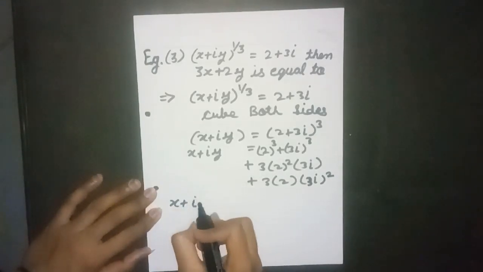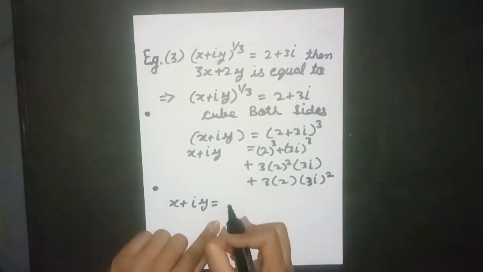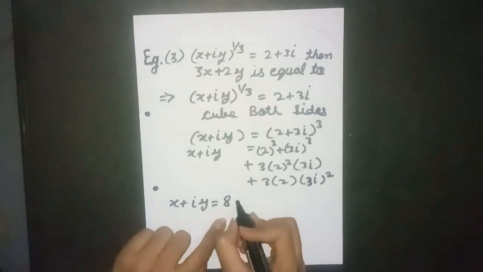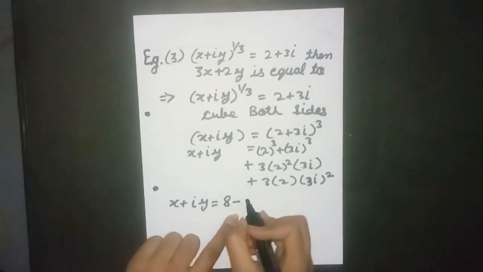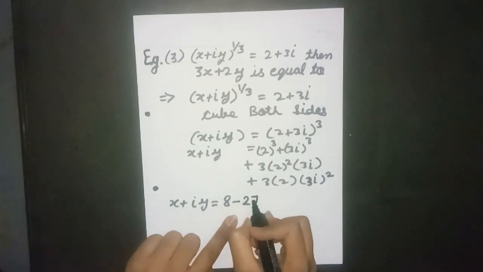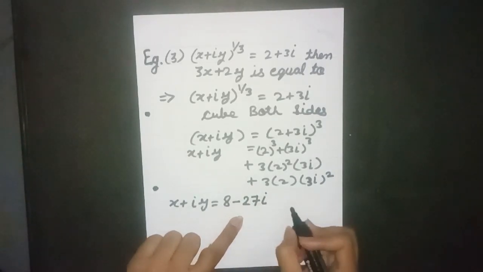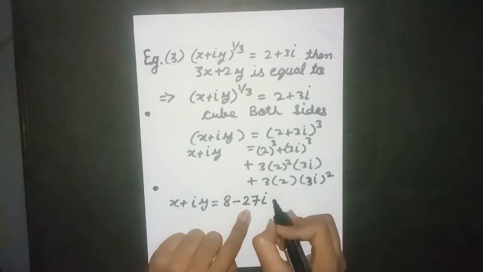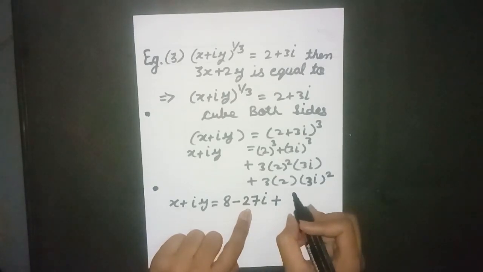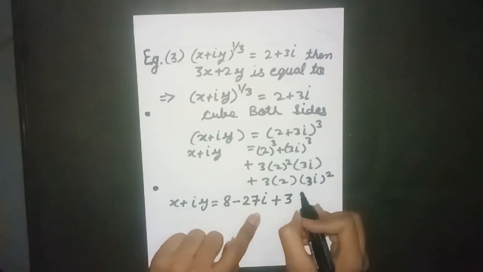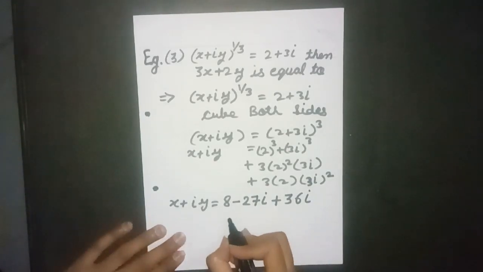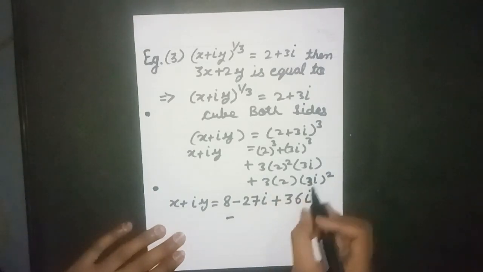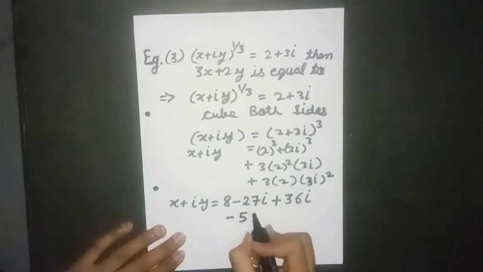So we will get x plus iota y is equal to 8 minus 27 iota plus 36 iota minus 54.